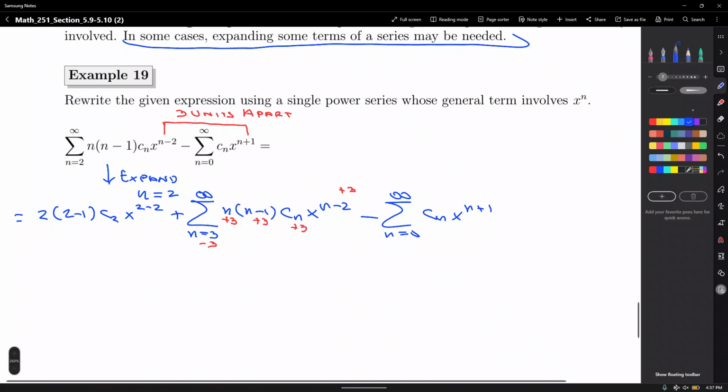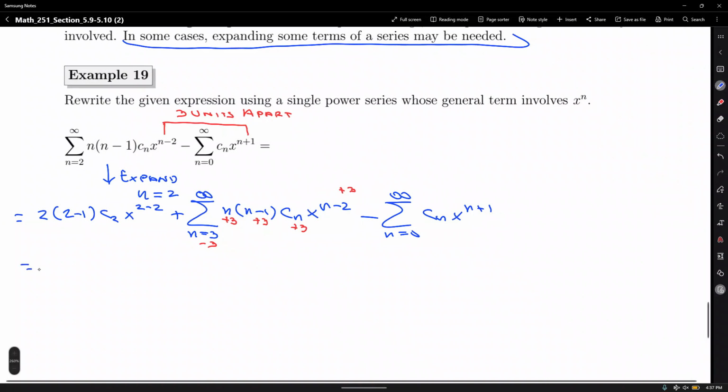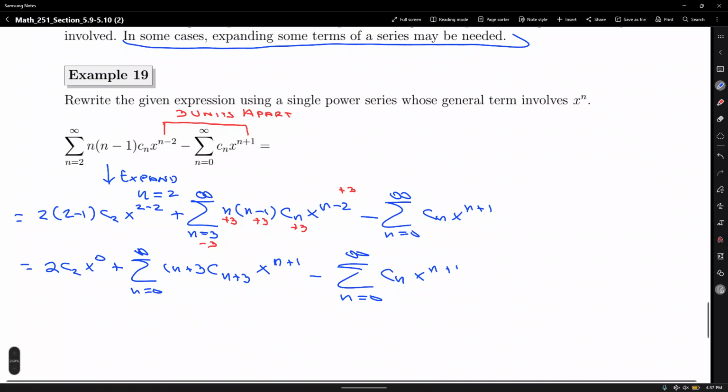So let's simplify whatever we are left with. That'll be equal to 2 times (2 minus 1) c sub 2 x to the 0, plus the sum from n equals 0 to infinity of (n plus 3) times (n plus 2) c sub n plus 3 x to the n plus 1, minus the sum from n equals 0 to infinity of c sub n x to the n plus 1.